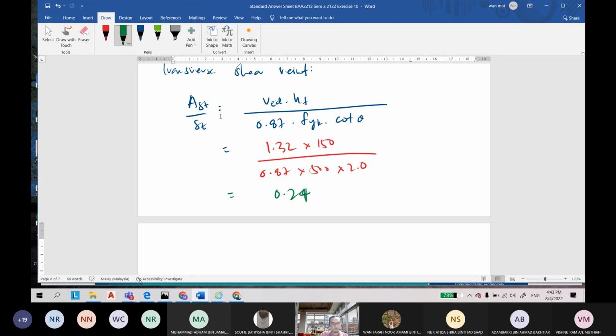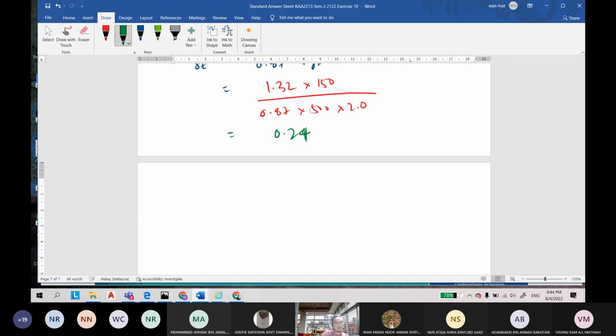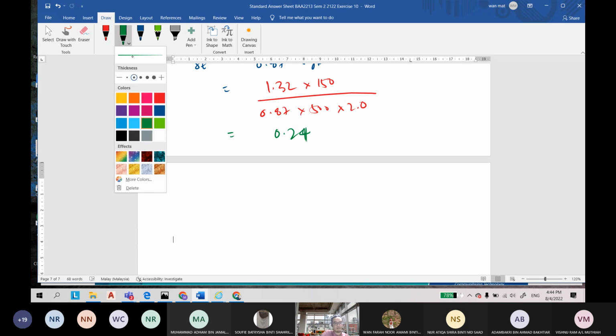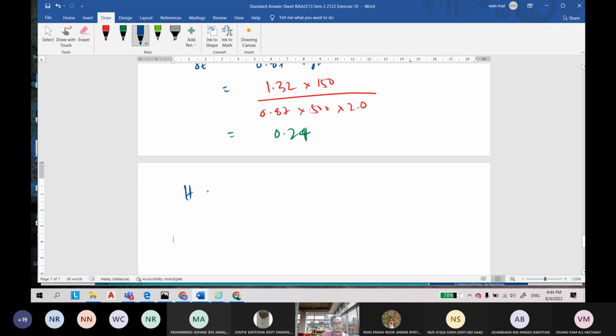Okay, so let's say you still use similar links, use H8. So the ASW is equal to 101 mm square.